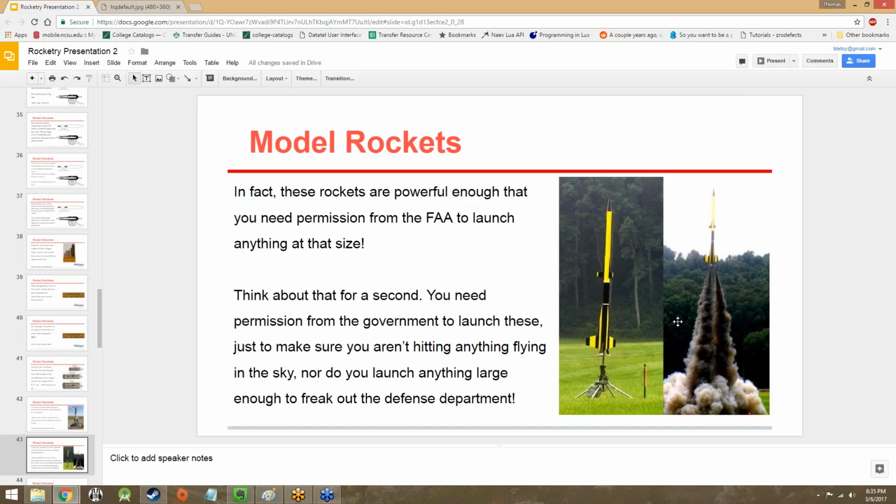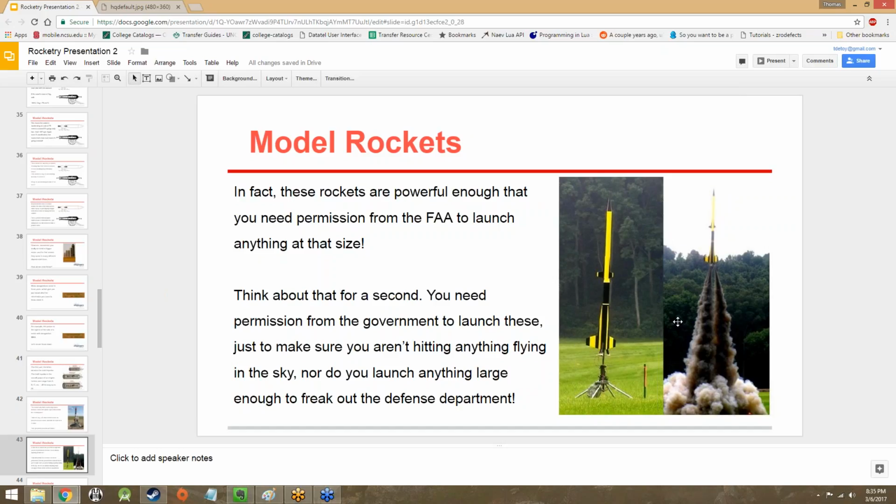So just think about that for a second. You need permission from the government to launch these rockets, just to make sure that A, they aren't hitting anything flying in the sky, and B, they could potentially be large enough, leave a large enough signature, and fly high enough that they get picked up on local radar. If the FAA doesn't know it's there, suddenly you've got an unknown flying object, an unidentified flying object, a literal UFO in the air being picked up by radar. And that makes people freak out. That makes people really unhappy.